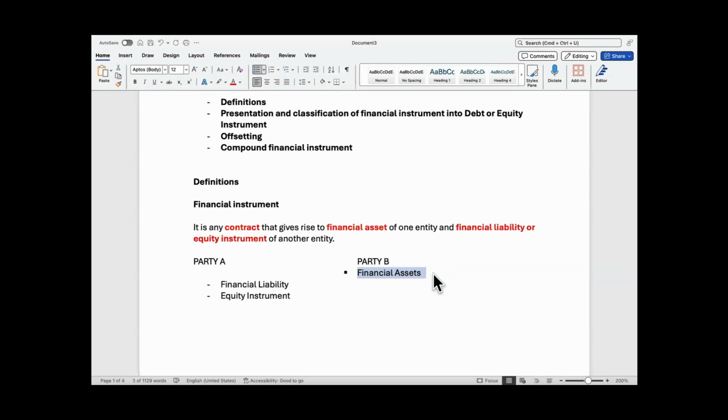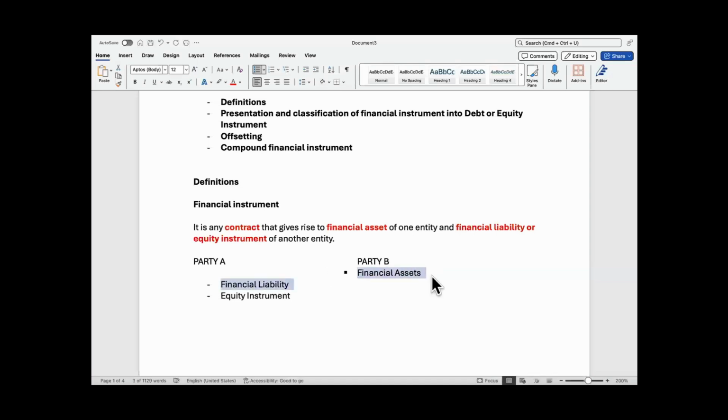Now, when they list it, there will be a contract document that, okay, we want to borrow 50 billion, we will give you interest rate of 20%. You see, what Dangote is doing is they are saying that, okay, come and borrow me money. So Dangote has a financial liability.